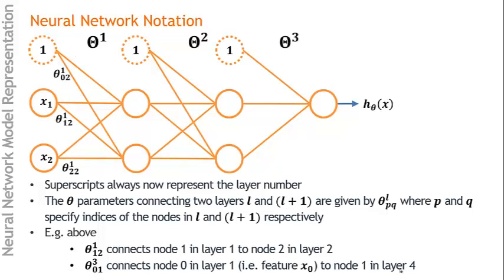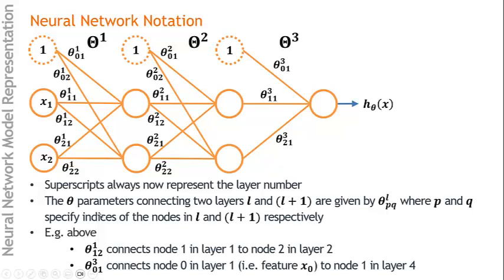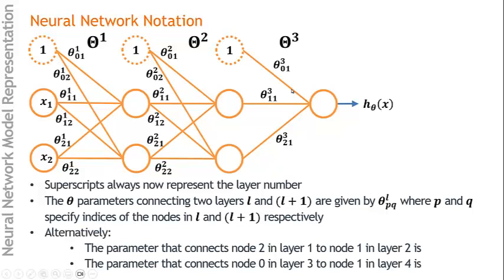So here you have the labels here. Okay, so you can see that theta 1, 1, 2 is here. Theta 3, 0, 1 is here. Now you can try your knowledge and understanding.